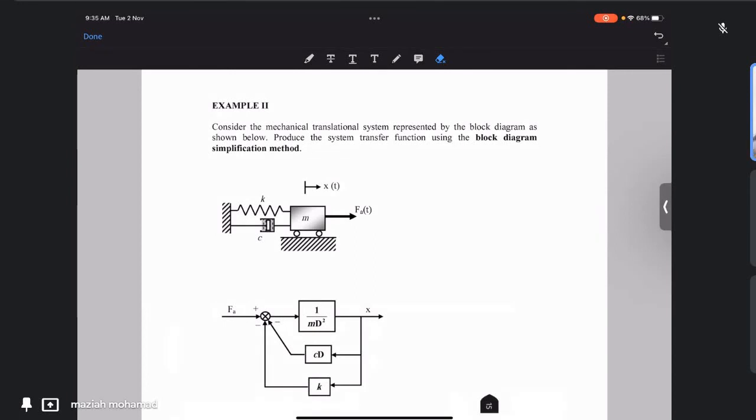For example, maybe there is one summation point here. If that is the case, you cannot simplify using the feedback block. We will need to move the summation point first.